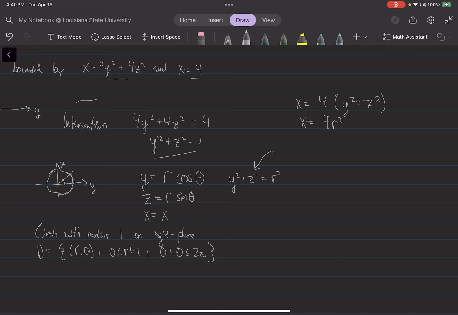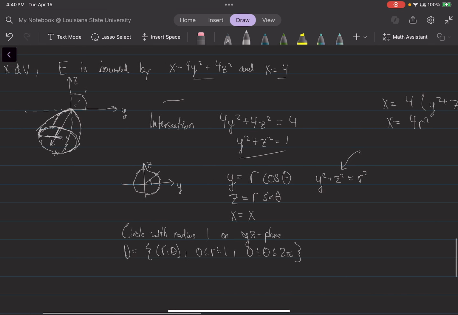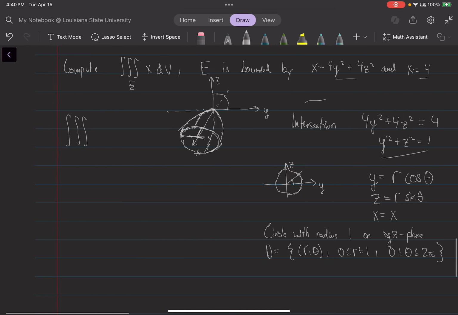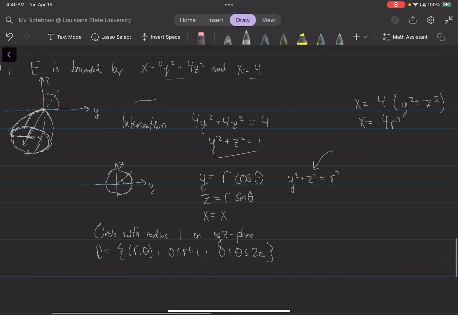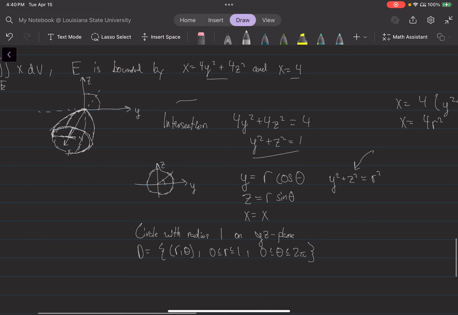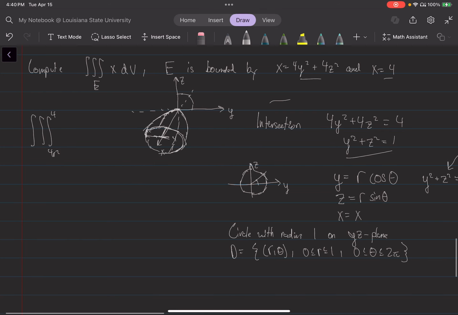The other bound is just the constant 4. So our lower bound would be 4r squared, and our upper bound would be the plane at 4. Like we said earlier, our radius ranges from 0 to 1, and theta from 0 to 2 pi.